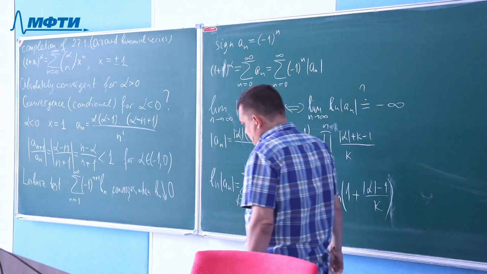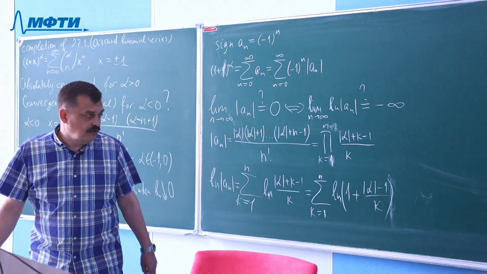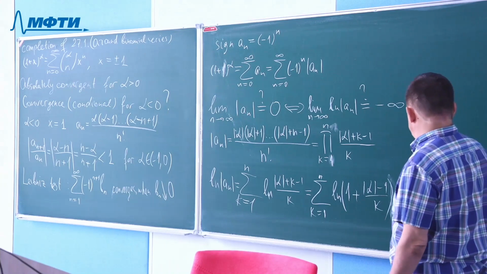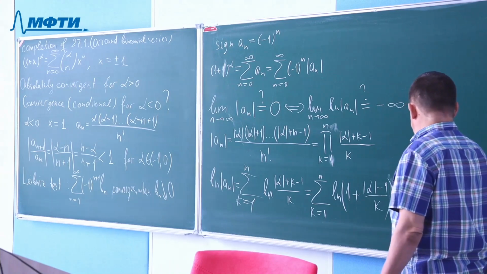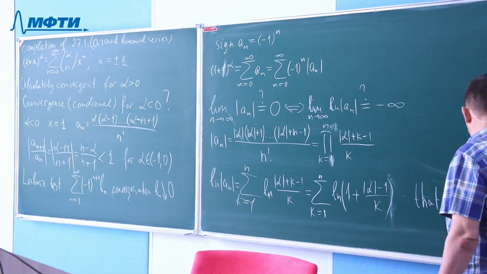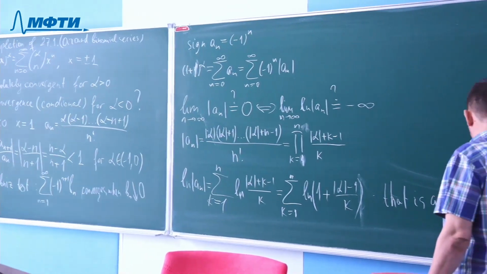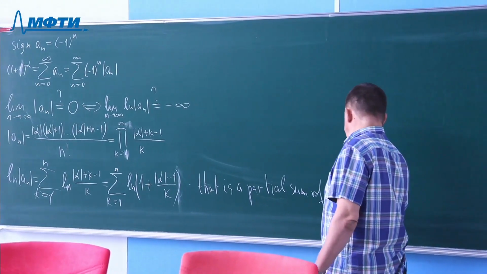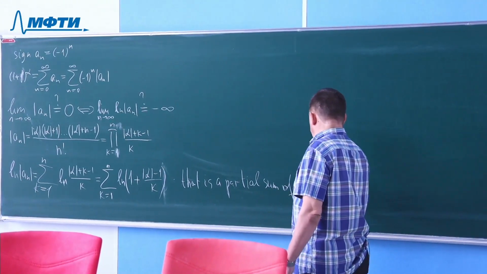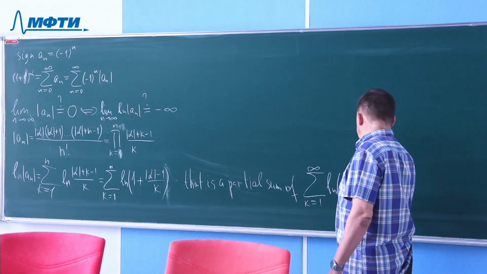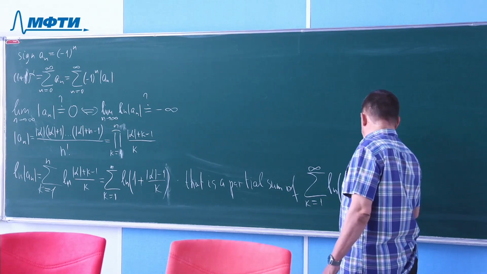So what we have here is a partial sum of the series, k from 1 to infinity, of logarithm of 1 plus modulus alpha minus 1 over k.